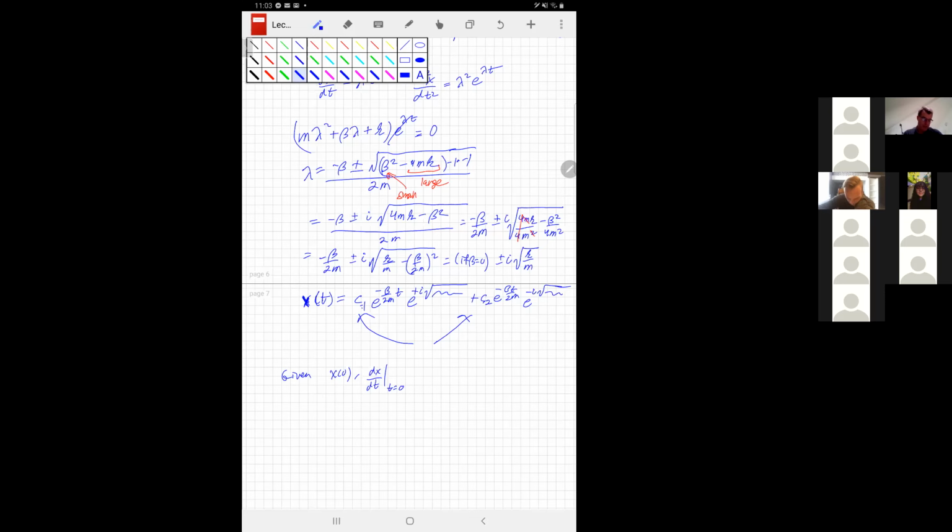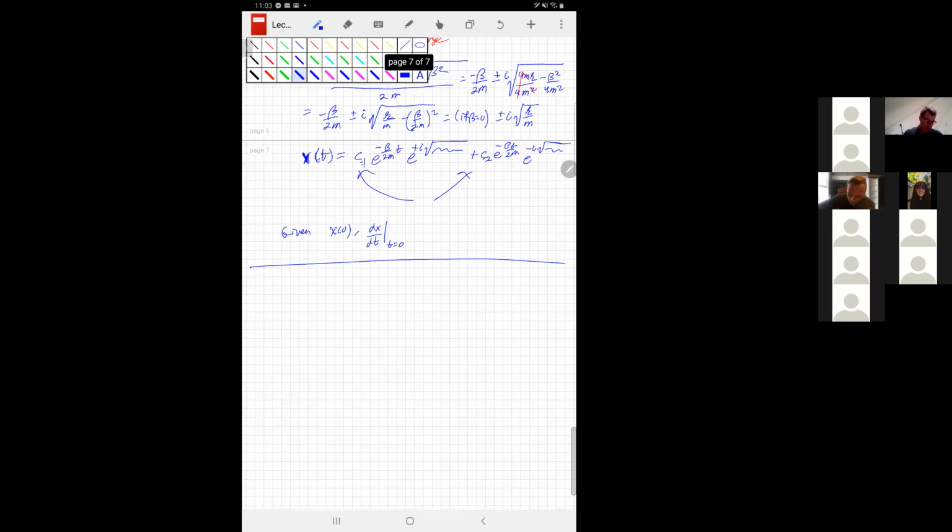Now, one very important thing is that I've been saying that solutions to linear homogeneous differential equations can be written as sums of n linearly independent functions.